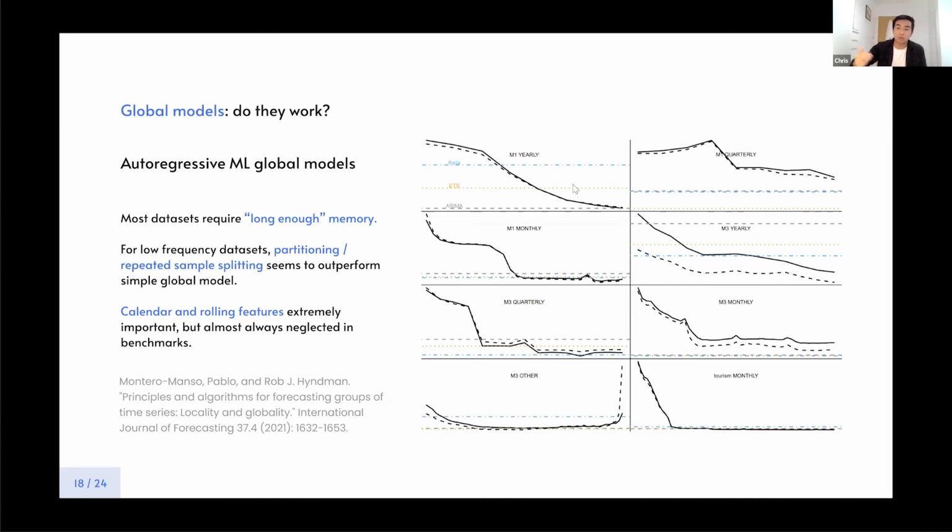But what I found from my internal benchmarks and also plenty of Kaggle competitions is once you add calendar features and rolling features, or in finance they call it factors, that's where you get the massive boost in accuracy, the winning 10 to 20% boost compared to the benchmarks. So just be aware of this when you're looking at results out there that compare global machine learning models to, say, deep learning or benchmarks.